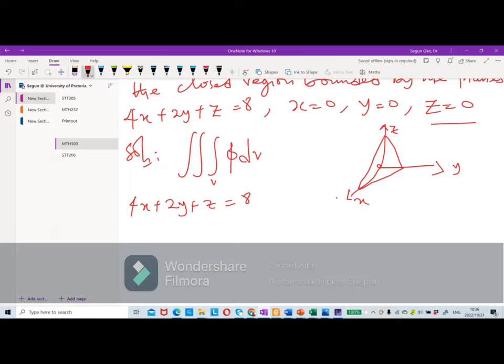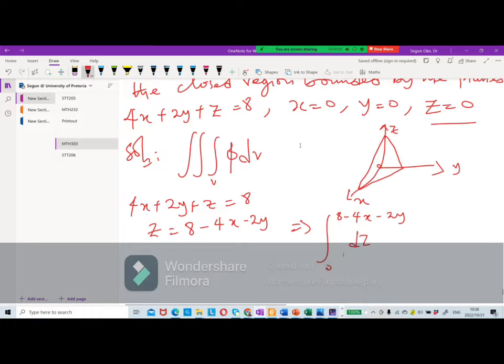So we're going to have z equals 8 minus 4x minus 2y. So it simply means that we integrate from 0 to 8 minus 4x minus 2y. That is for z, dz.